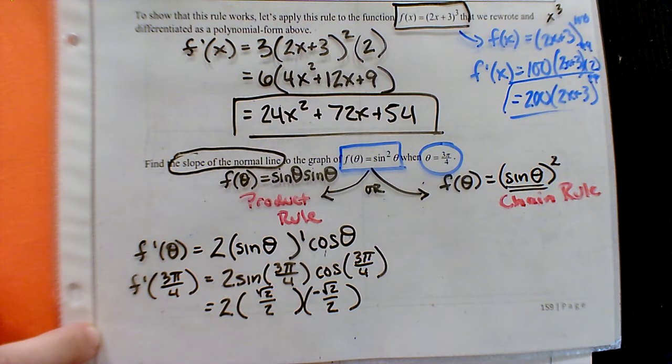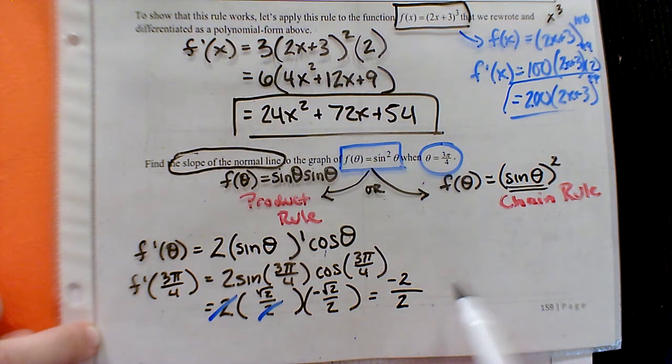So multiplying those together, we're going to have initially the 2's, or a set of 2's, would cancel, and then multiplying fractions straight across the top, we have square root of 2 times a negative square root of 2. The square roots would cancel, so we're just left with a negative 2. And we still have a 2 left in the denominator. So it looks like we get negative 1.